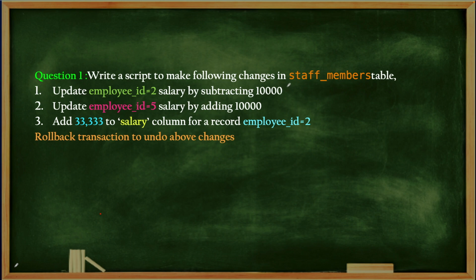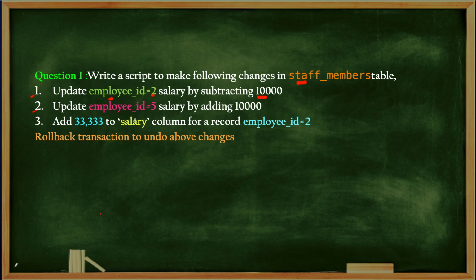We are going to write a SQL script and make changes on our staff member table. Our first update statement is to subtract 10,000 from the record whose employee ID is 2.